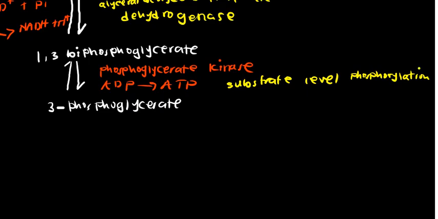Make sure you remember this point. ADP is converted to ATP using a phosphate that is gotten from this substrate.